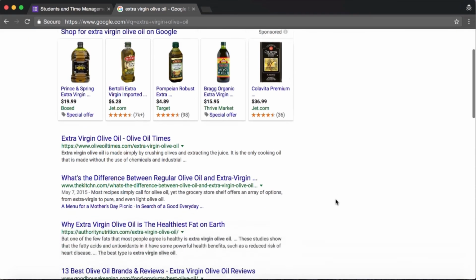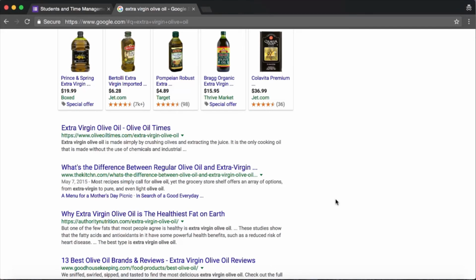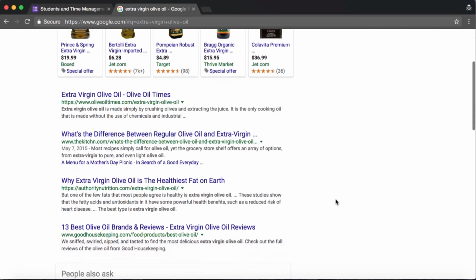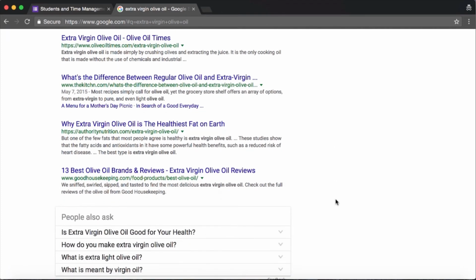If it's on the first page of Google, yeah, they could have done great SEO and gotten on the first page, but also if there's a lot of interest in a particular subject, it will end up on the first and the second page of Google.